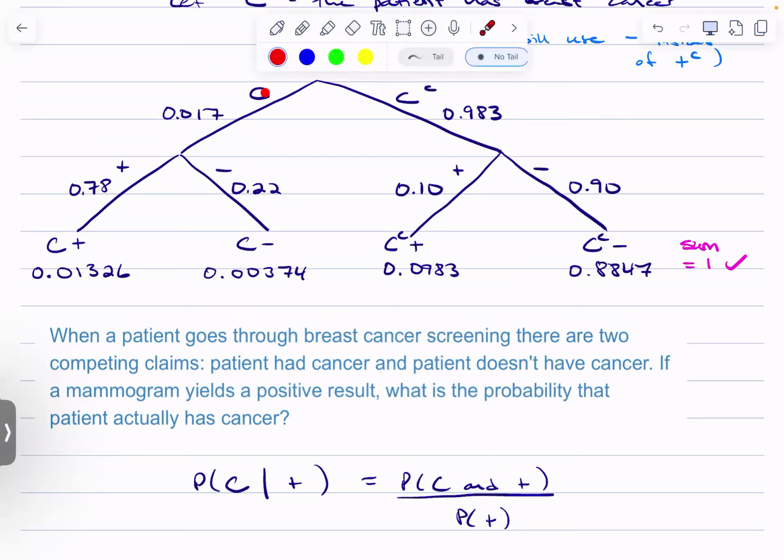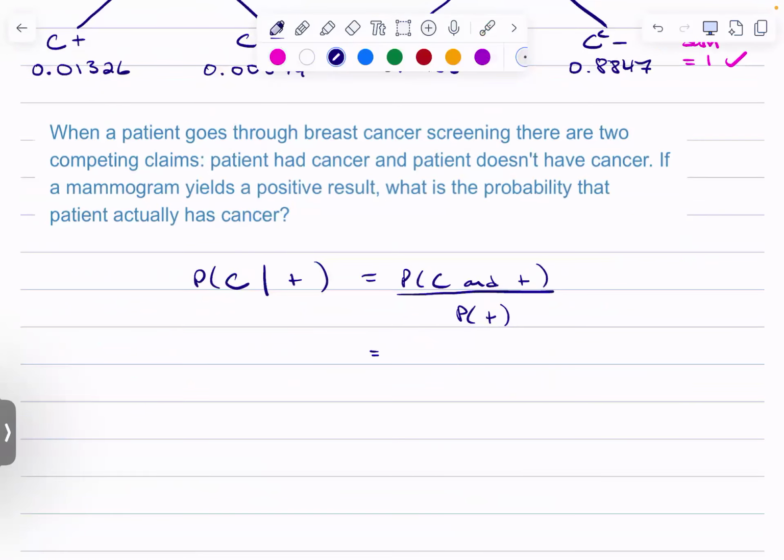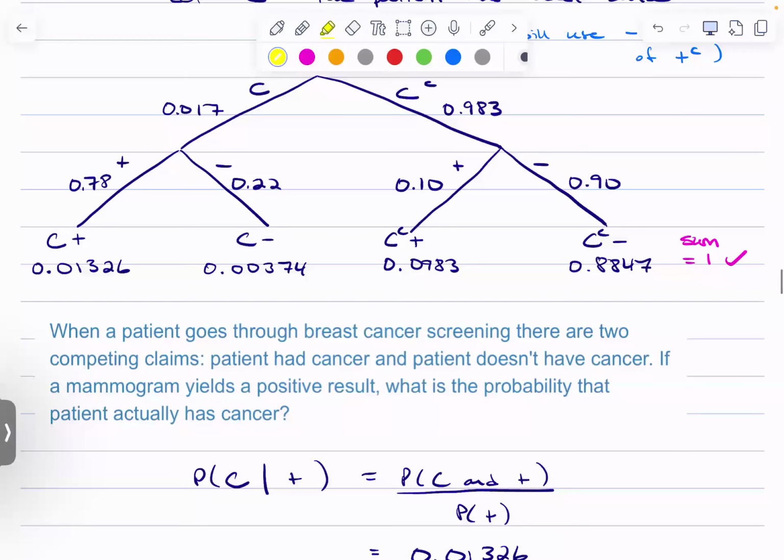Can use the tree. C and a positive, I already know that probability must be 0.01326. So you're allowed to just punch that in. Now, what's the probability of a positive? That's the same thing as what we saw with getting an A on the final exam: there were 2 ways of getting there. Same thing with getting a positive result.